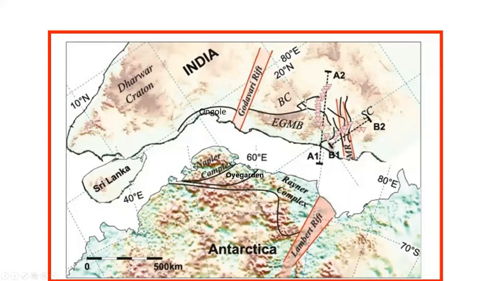The thrusting is so prominent in this northwestern part, probably related to this orogenic or syntaxial bend. In the Eastern Ghat Mobile Belt and the Rayner complex together, that syntaxial bend which is there has produced this extra bulge, extra thrusting in the northwestern front. This is what we are now working on.